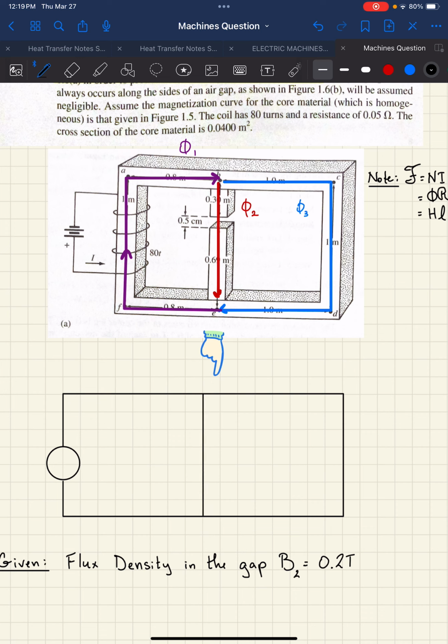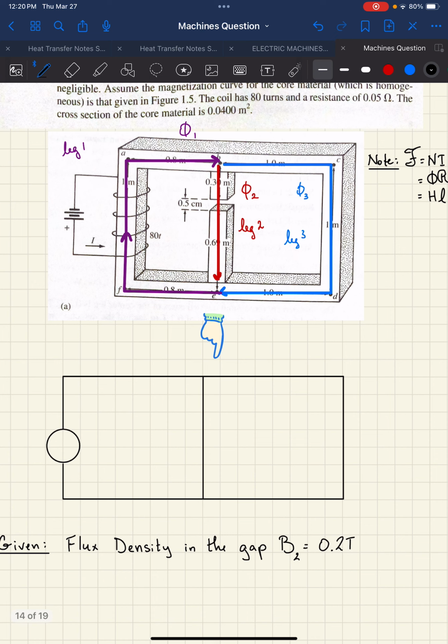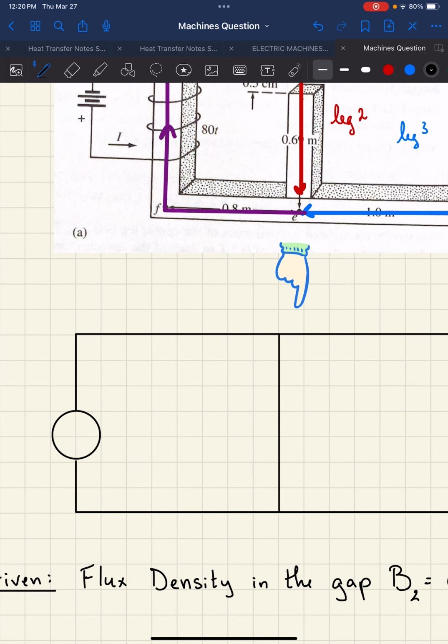I'll call it leg 2. And this one, the blue, I'm going to call leg 3. And of course, the purple one would be leg 1. Now, the source is going to be your total magnetomotive force, which is like the total voltage. So I'm going to write it as magnetomotive force total, and you can think of it like a voltage source like this.